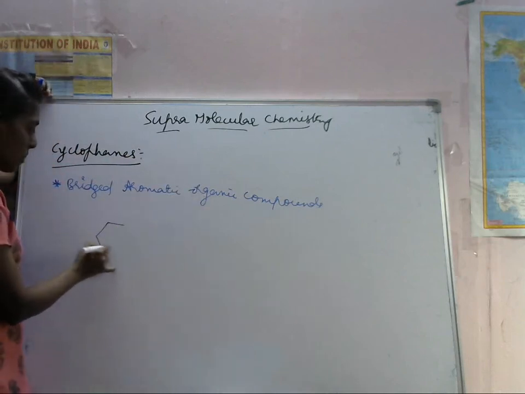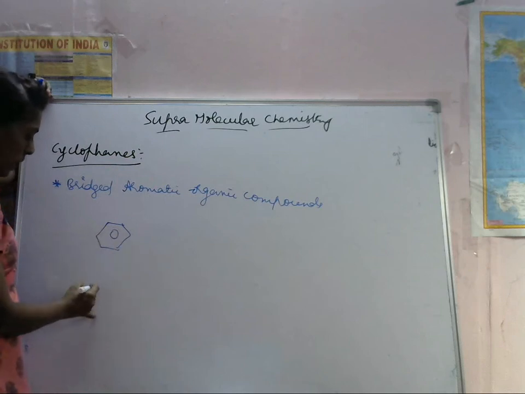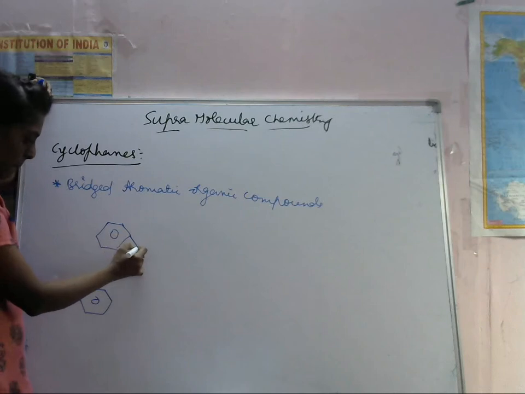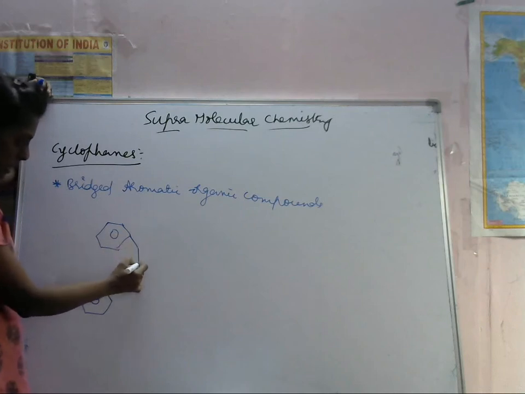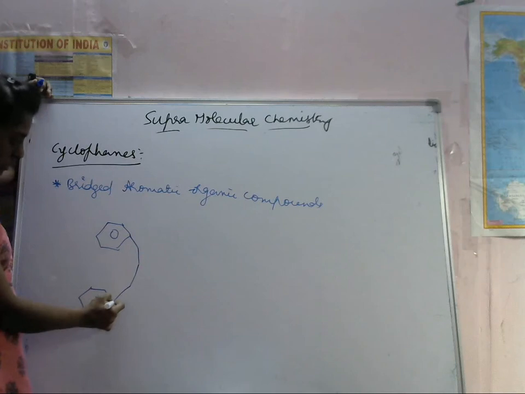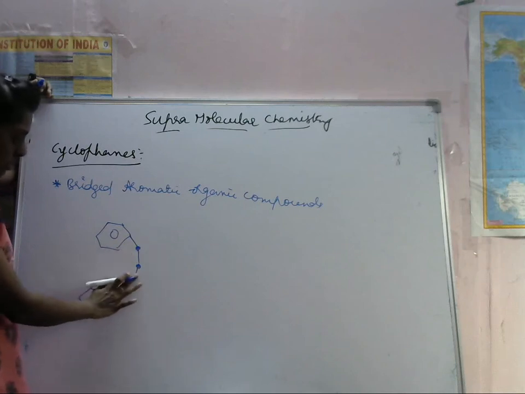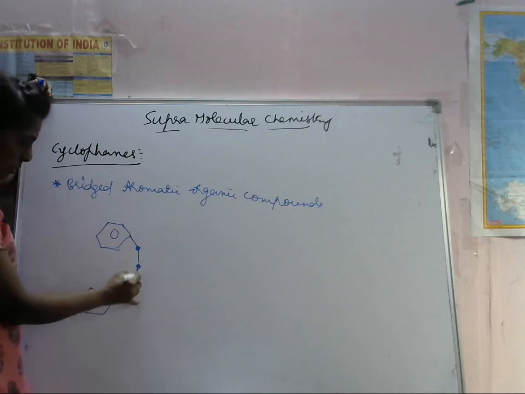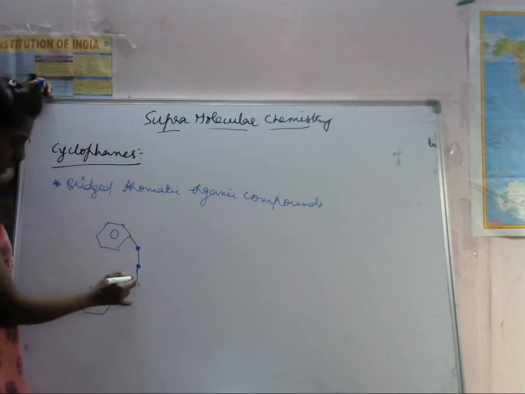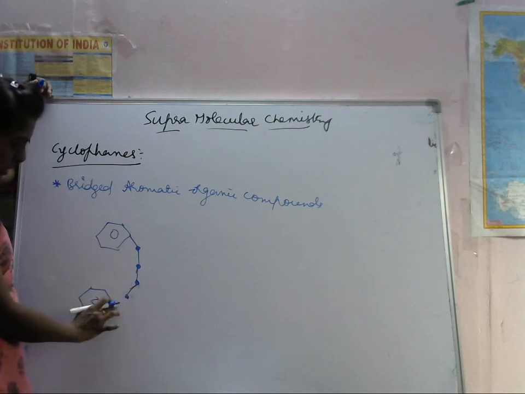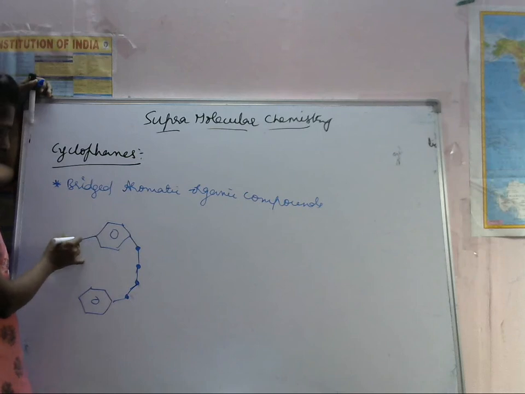Suppose here the rings are separated by methylene groups. Two groups are there here, these are the CH2 groups, and like this here also.